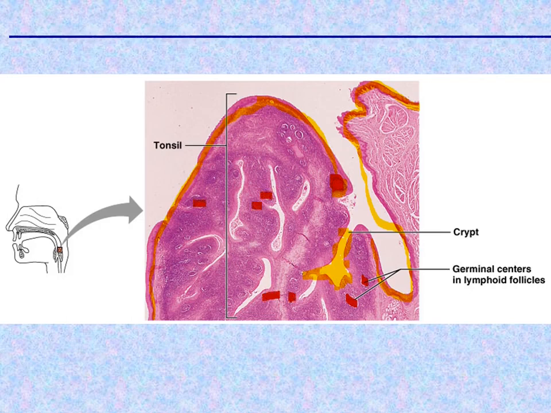It's 3 dimensions. So these spaces here are other crypts that burrow into the inside of the tissue, just like this one here. Okay, so these are all also crypts.